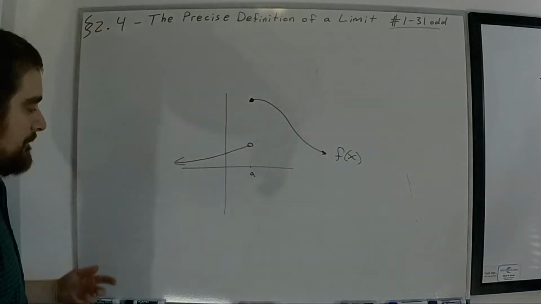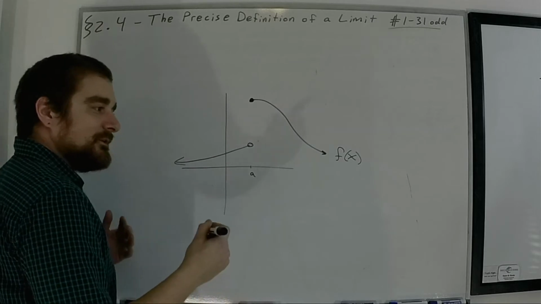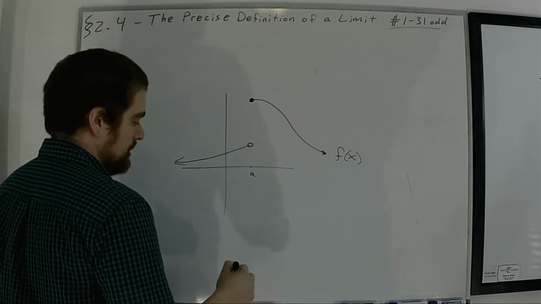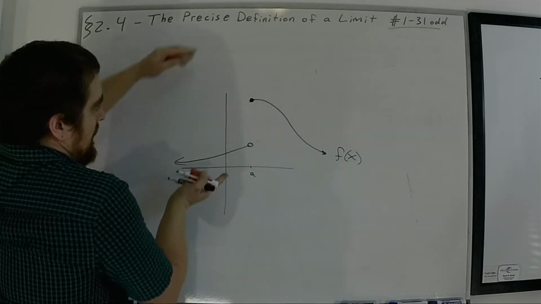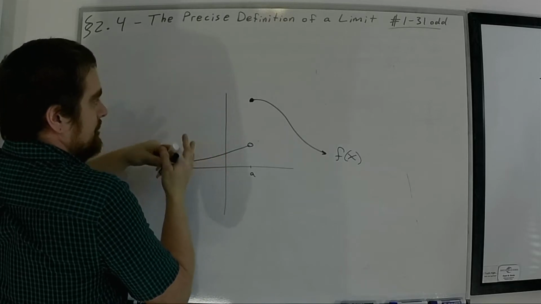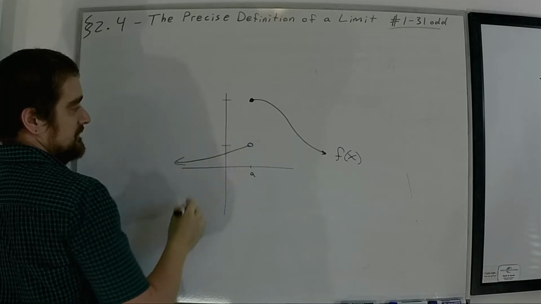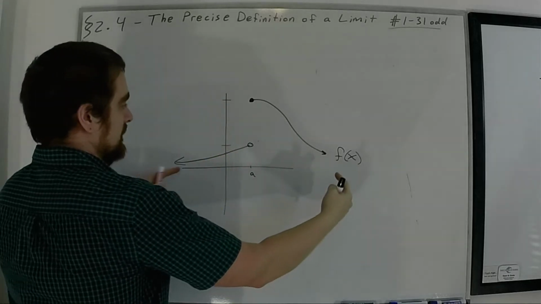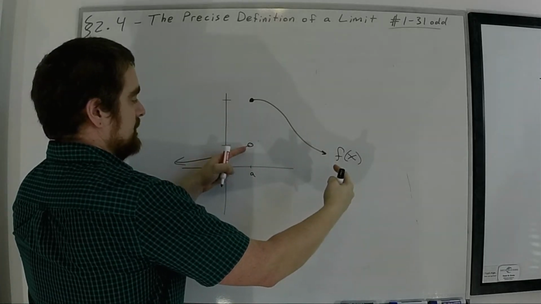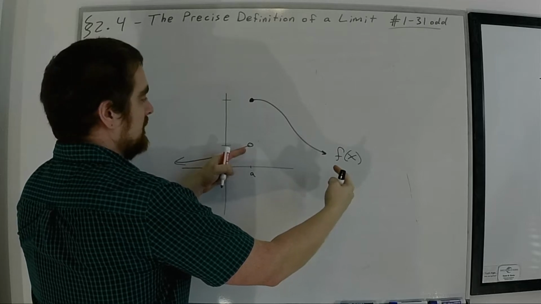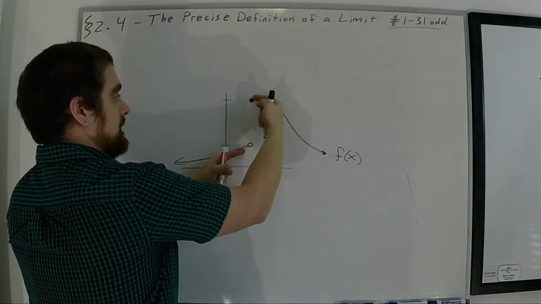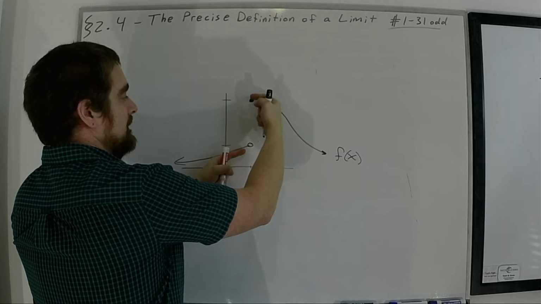Now let's see what happens when we say, okay, we should be able to find a limit here. That means that as I pick some sort of limit, notice I could choose this as a possibility for L, maybe this as a possibility for L. The left-hand limit as x goes to A would leave me hanging down here. The right-hand limit as x goes to A would leave me hanging up here.